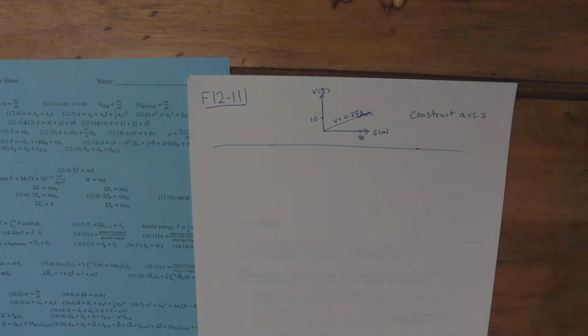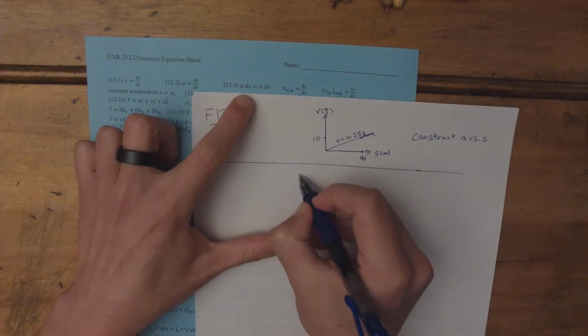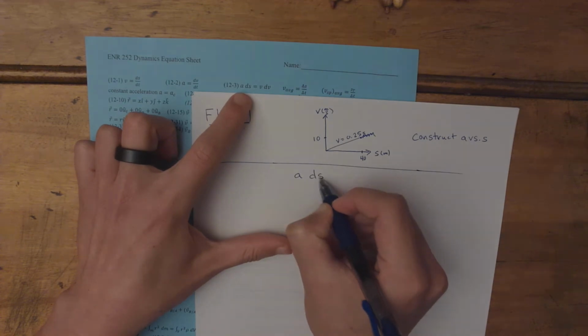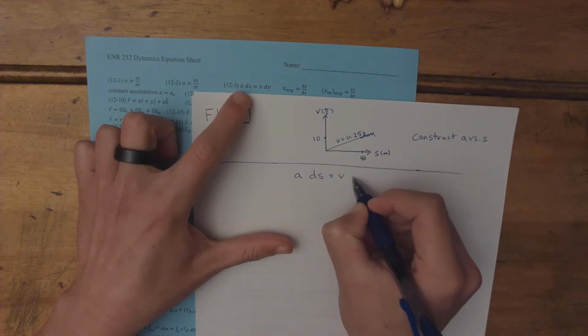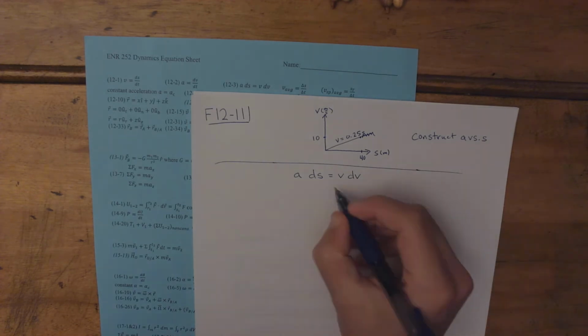Okay, so I know that A ds is equal to V dV. Now what am I going to do with that? I need the acceleration as a function of position. I'm going to bring the ds over to the other side.